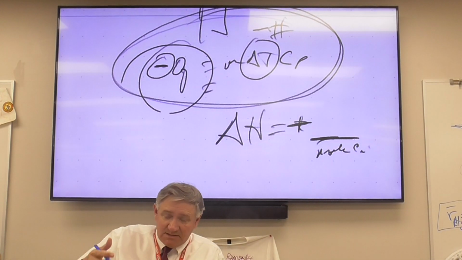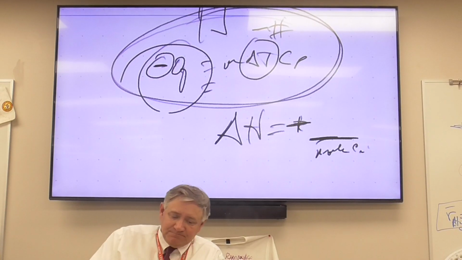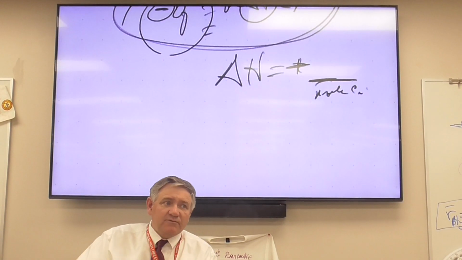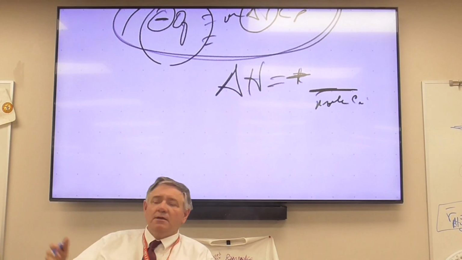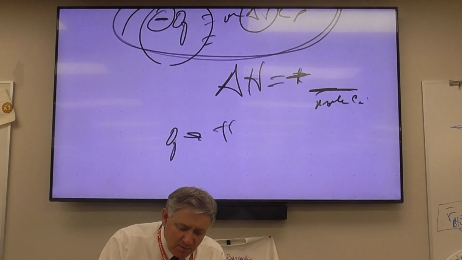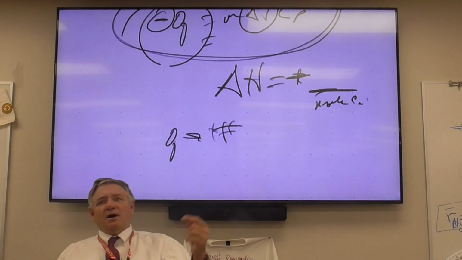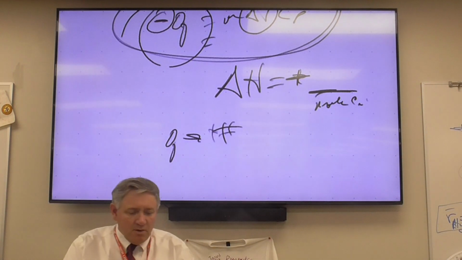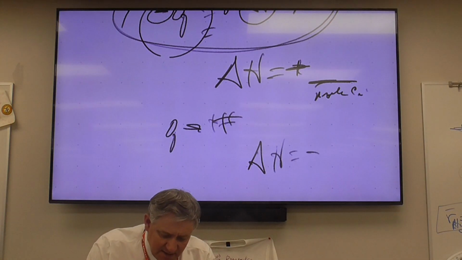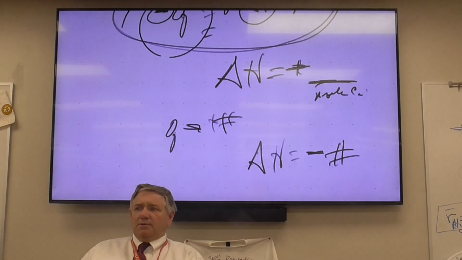Now, in contrast to that, you have the second part of the lab. When you took the anhydrous, you put it in the water, you dissolved it, the temperature went up. So Q for the surroundings was a positive number on the second part of the lab, which means your delta H for the system is going to be a negative number.